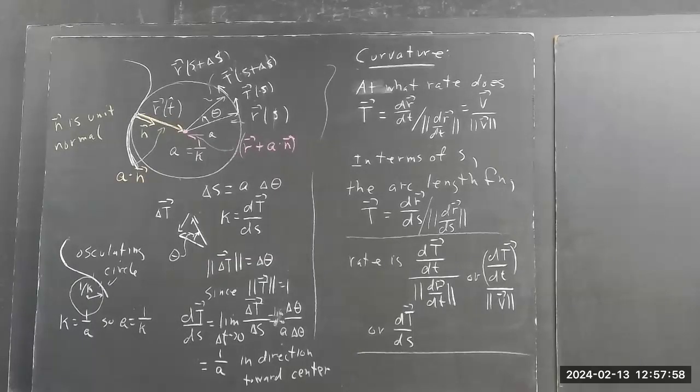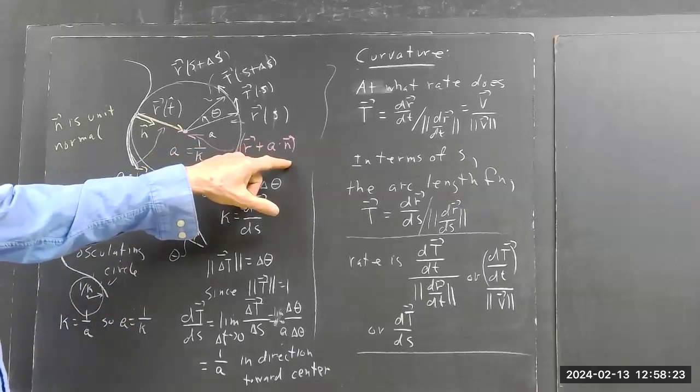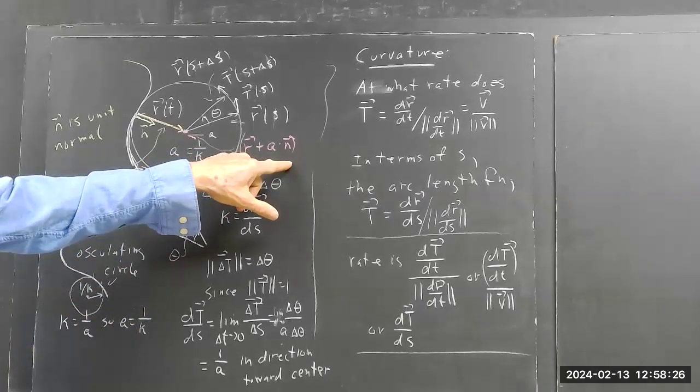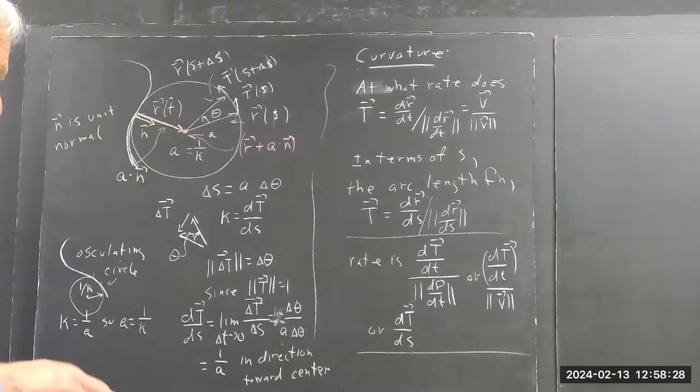The osculating circle is just a circle of radius a about this point.